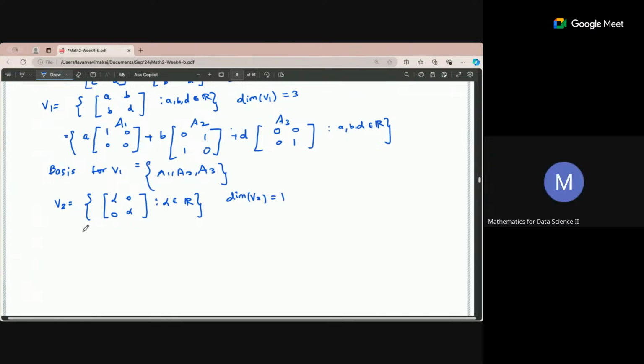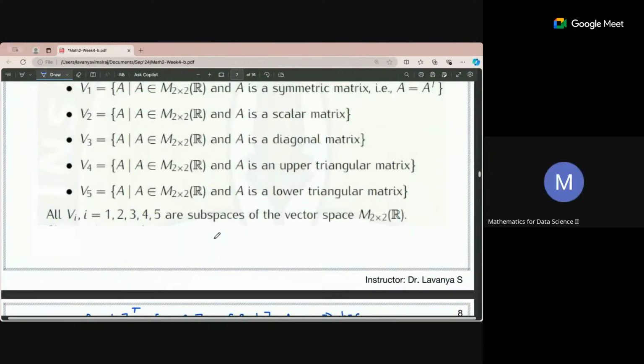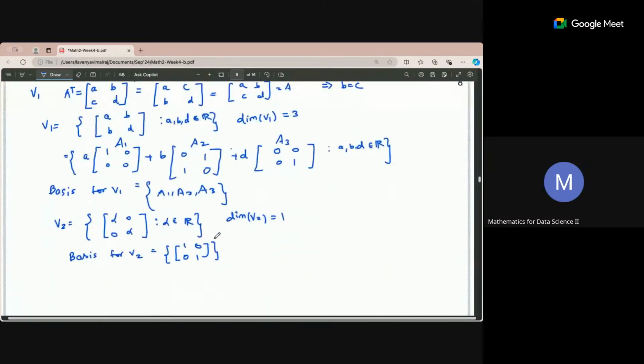So what can be a basis for V2? The identity matrix, since every element is c times the identity. Okay. What is V3 now? The diagonal matrices.